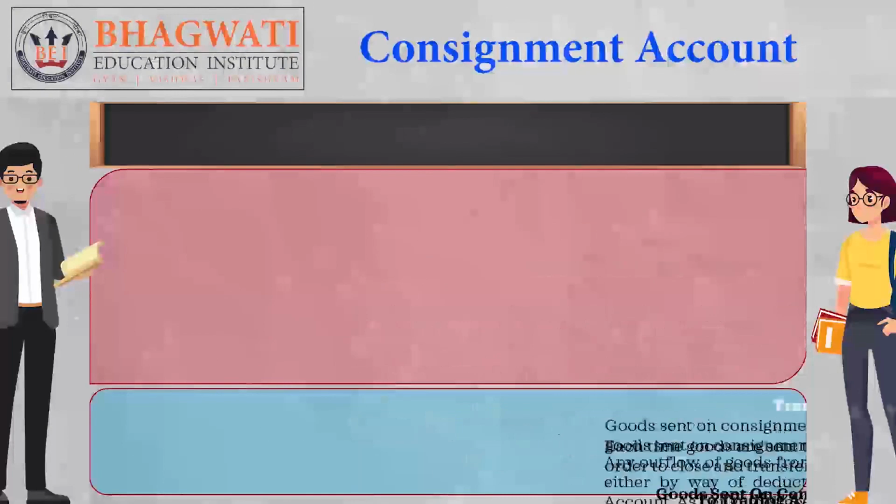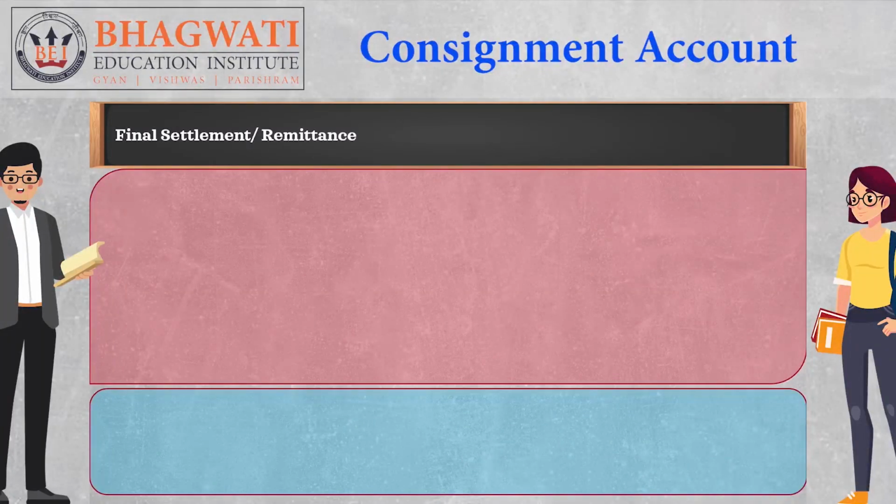The next one is final settlement or remittance. What is final settlement or remittance here? The consignee has to remit the money collected by him for cash sales as well as credit sales to the consignor.